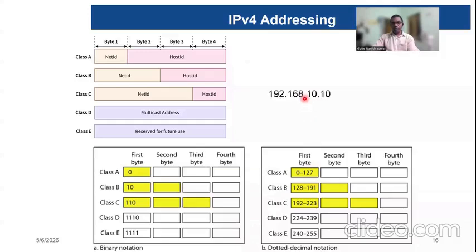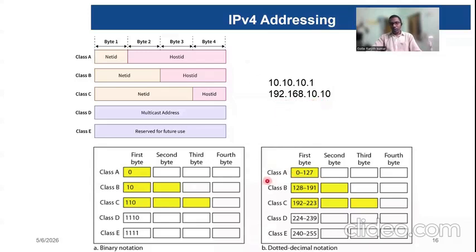For example, look at this first address, 10.10.10.1. Your first byte is 10. So 10 lies in this range, 0 to 127. That means the first address belongs to class A. Similarly, 192.168.10.10.